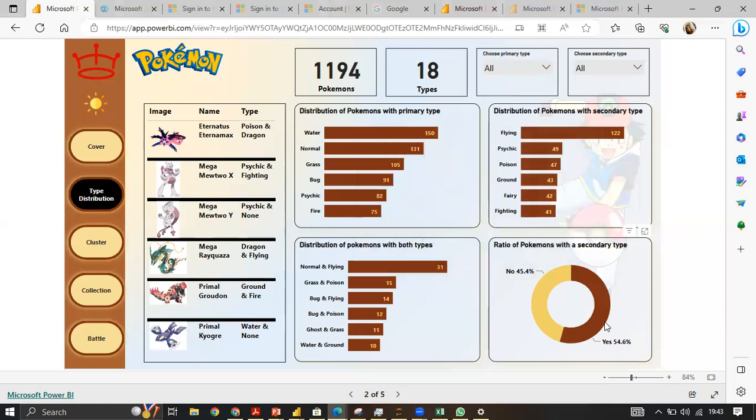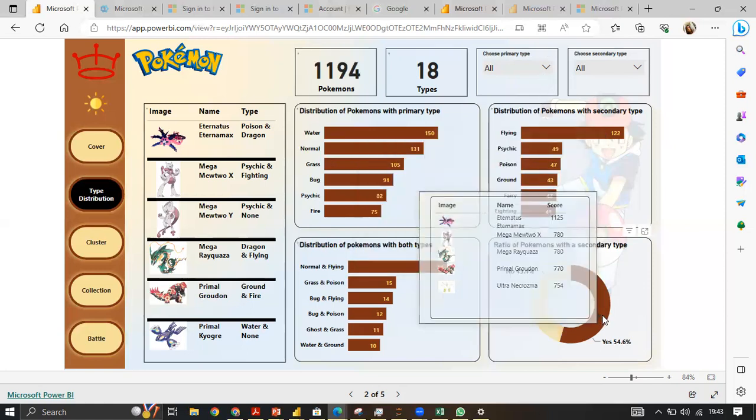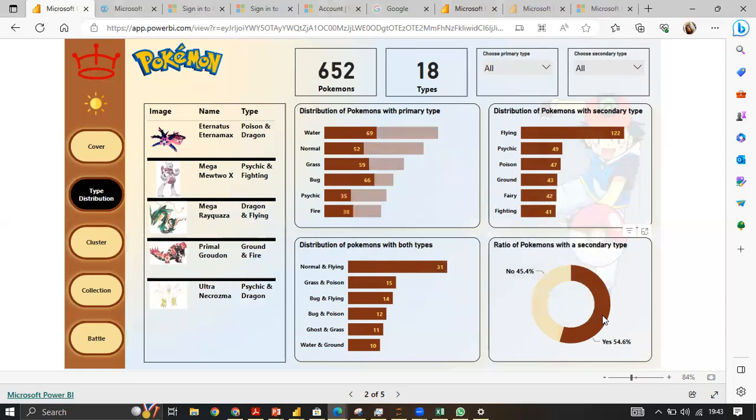Among Pokemons that have a secondary type, if I click on this, I get to see that water is also dominating, while flying is also dominating. This is not new since they have the higher count.